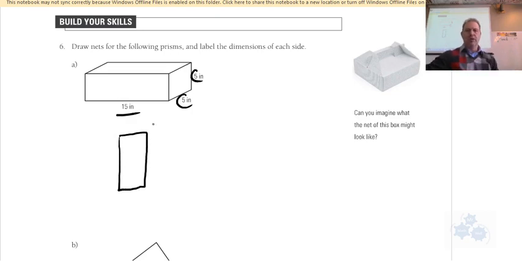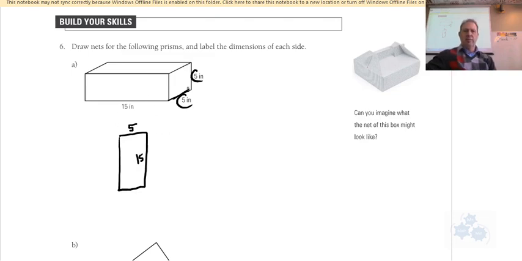And what are the dimensions going to be? What's the height here, like this long part? How much is that? 15. That's right, it's 15. And what's the top part? Well, it's going to be 5 here, isn't it? Okay. So that's the base.